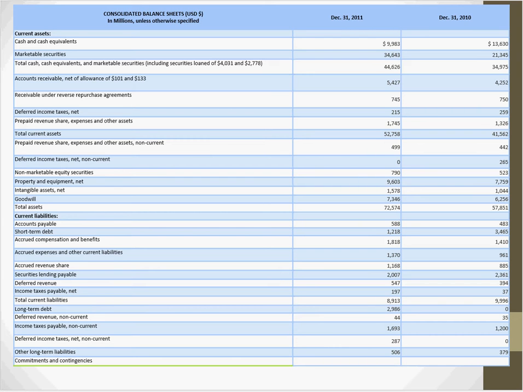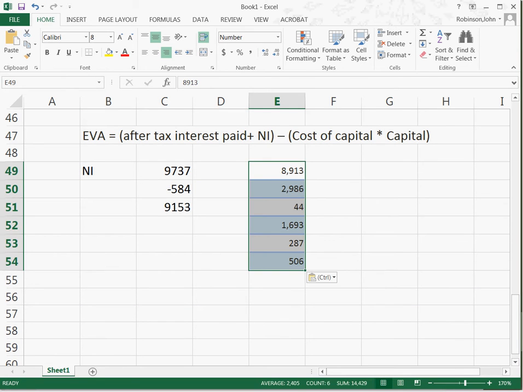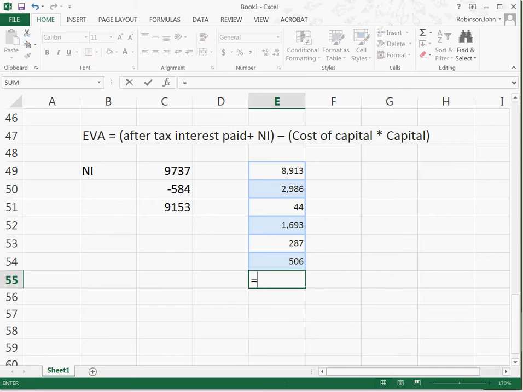We'll see. All right, so let's add these up. I'm using the sum function. So we got $14 billion in liabilities, and our total assets are $72.5 billion. Okay, so this is liabilities.